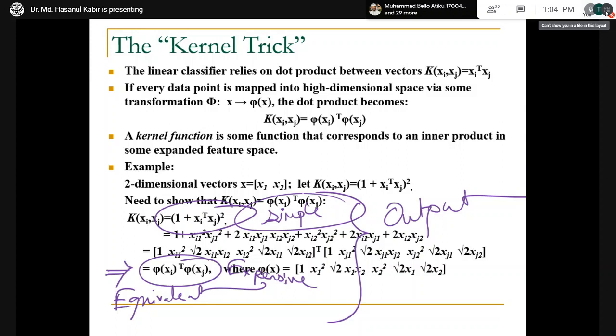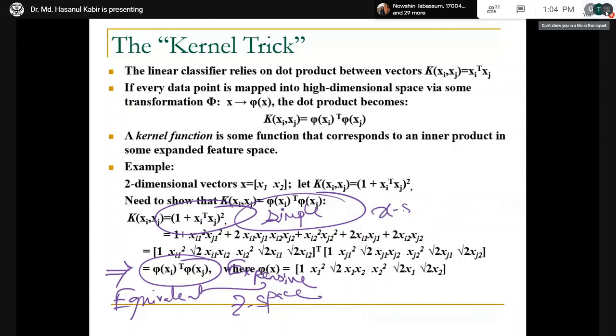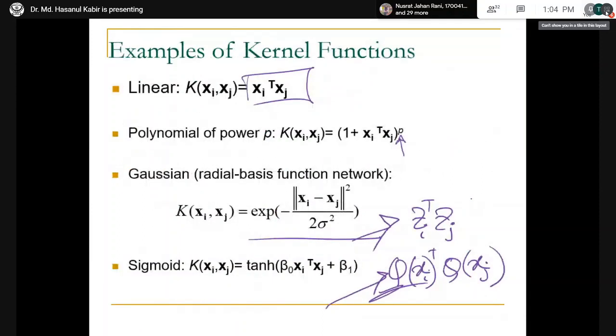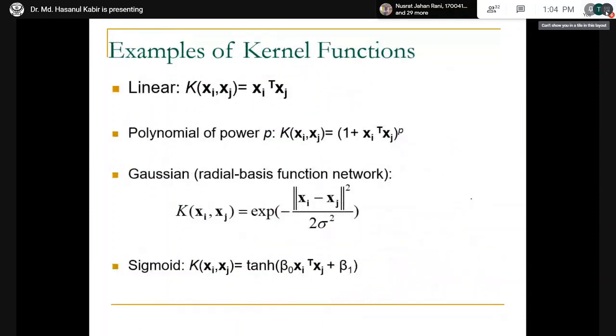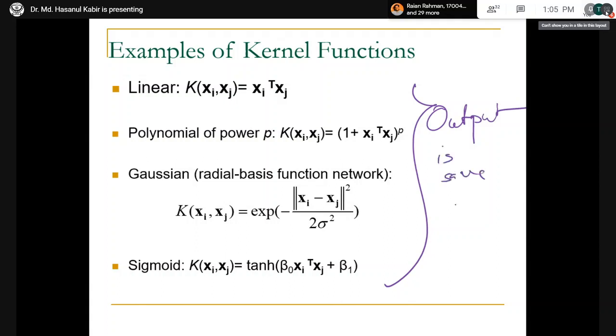And this computation you have done in which space? In X space or in Z space? Remember, the Z space computation is done in X space. So we do the same calculation in the X space. That's why all this kernel calculation is done in the X space, but the output is the same, as phi of x transpose phi of x.